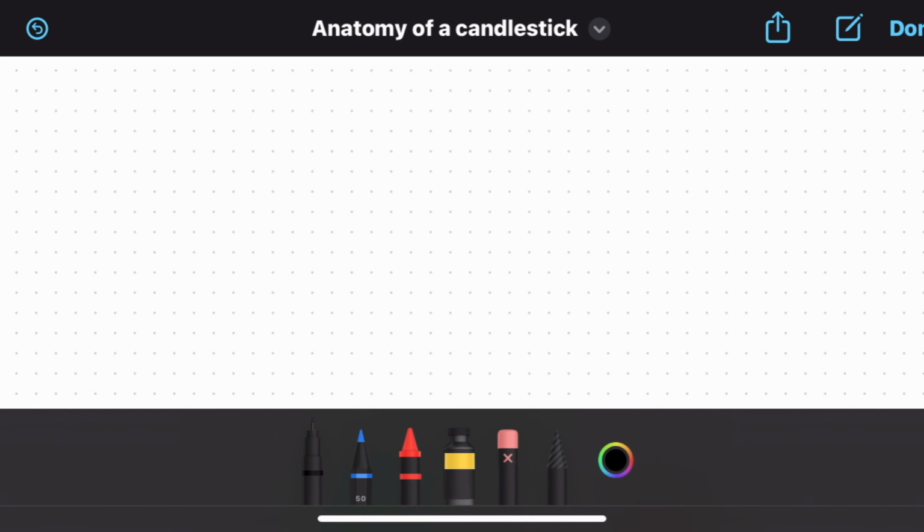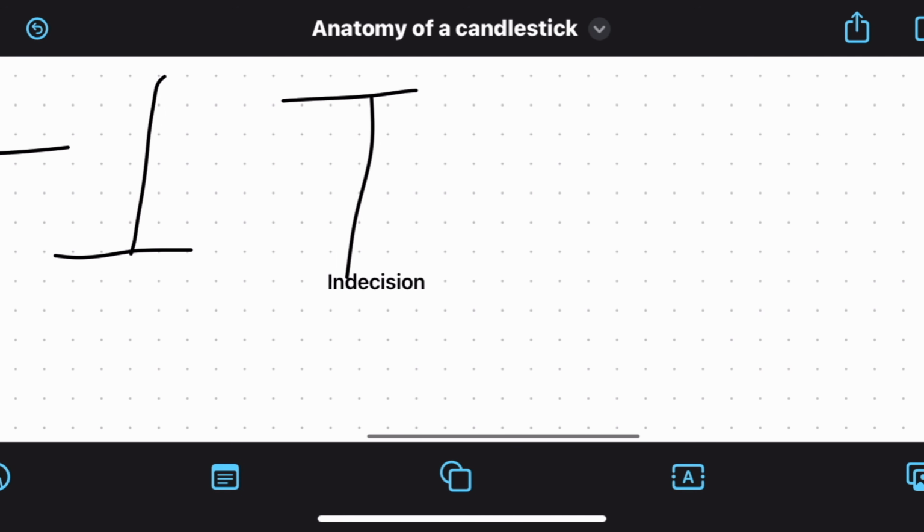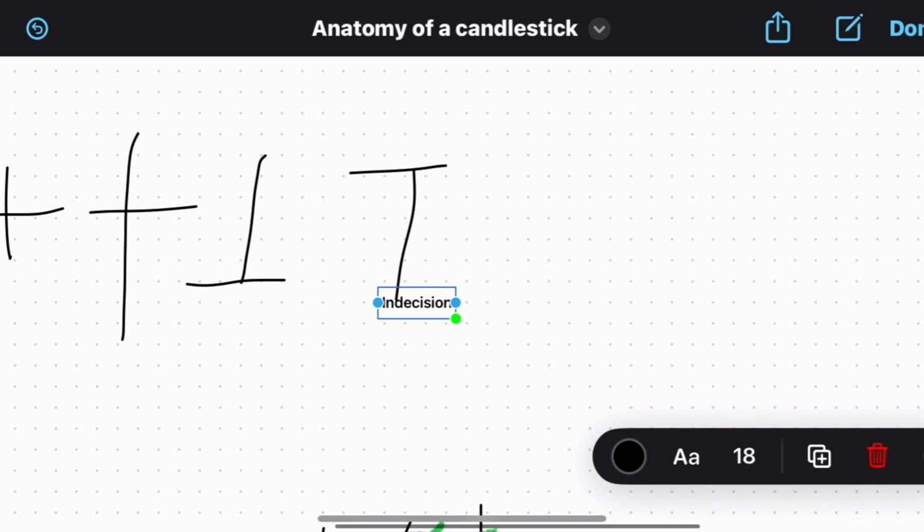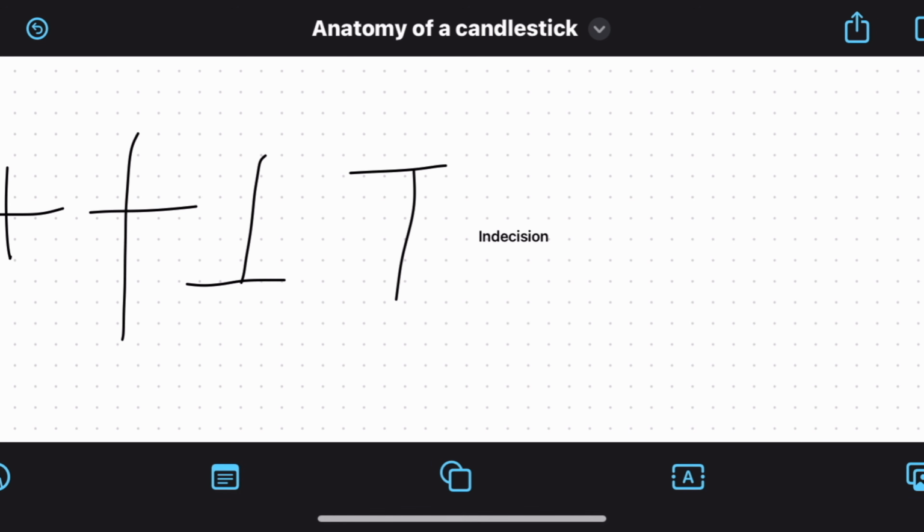We've done the doji. So anytime you see a doji, it talks about indecision in the market and also a reversal.